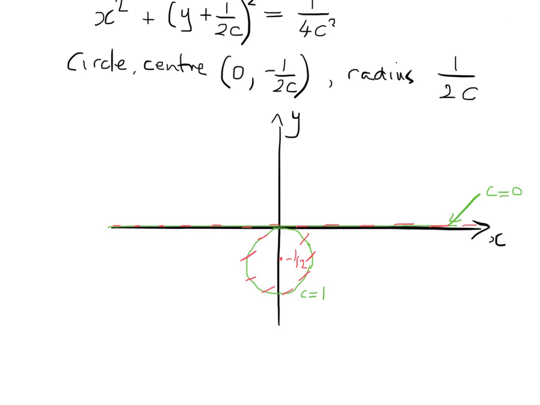But remember, actually, that my radius is plus or minus here, because it came about by square rooting this here. So I'm going to take the negative one of that, and so therefore my radius is actually a half. So I'm going to get another circle. This is a half, and my circle is going to look like that.